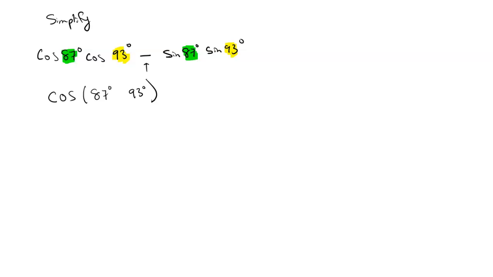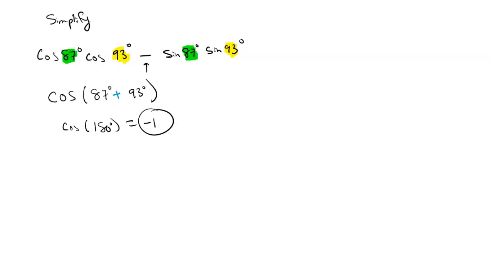But I see a subtraction, so I want to include the opposite sign. So I'm going to include an addition sign. So I'm going to add those numbers together, and I'm going to get 180. Now 180 is on my unit circle, 87 and 93 were not, so cosine of 180 purely is -1. So we can simplify it down to those values.